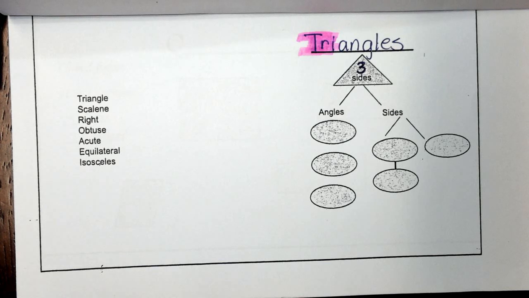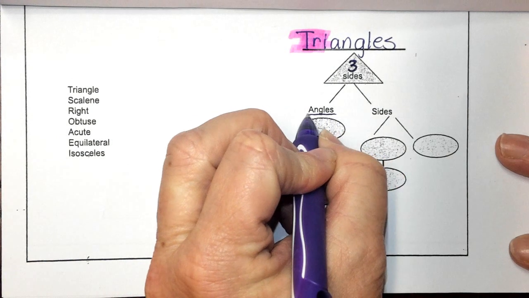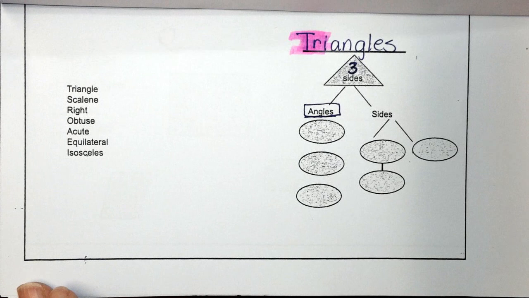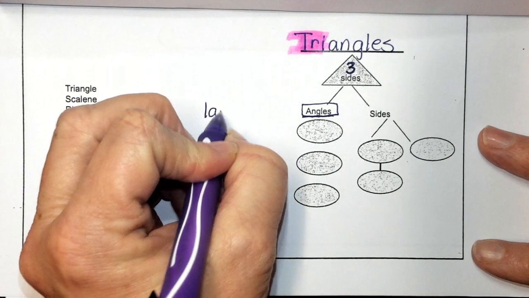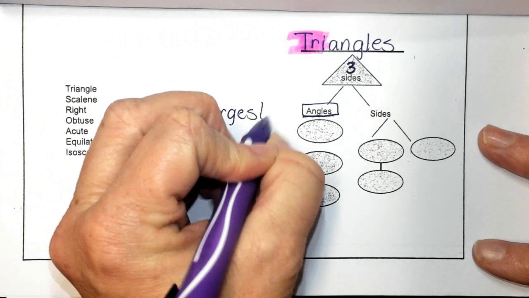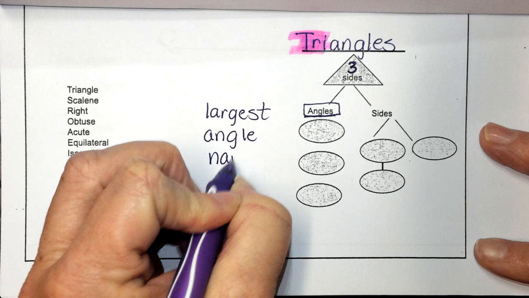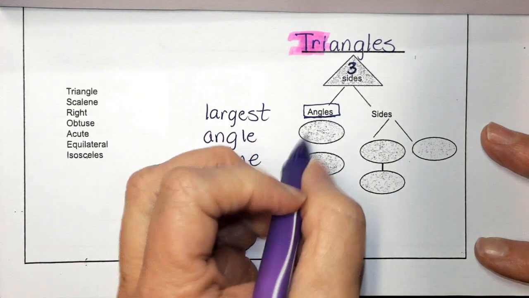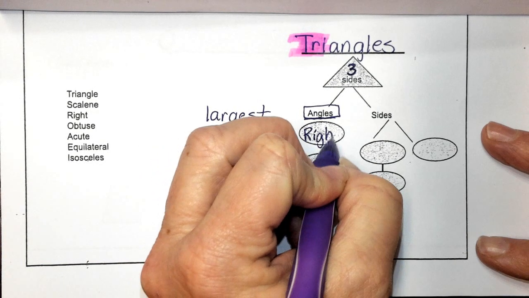Okay? Now, when we studied angles, we briefly talked about naming triangles by their angle. And we name a triangle by its largest angle name. And so we could just quickly fill in that sometimes we're going to see right triangles.